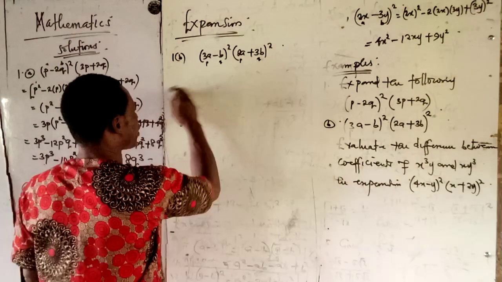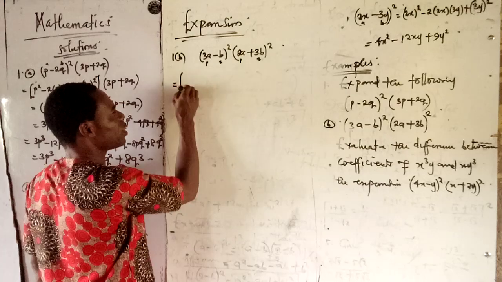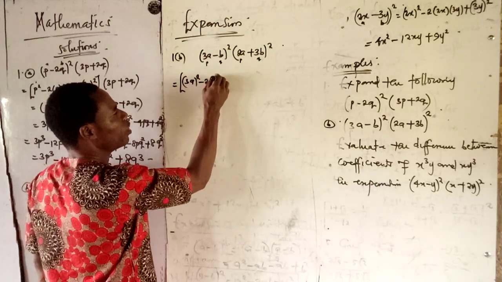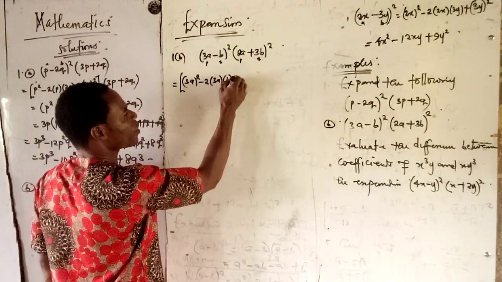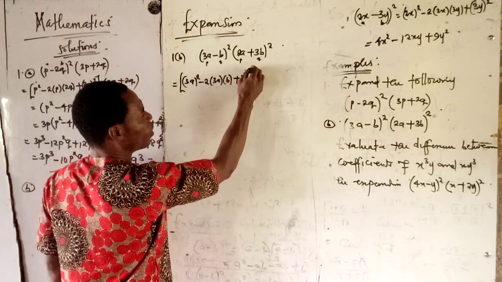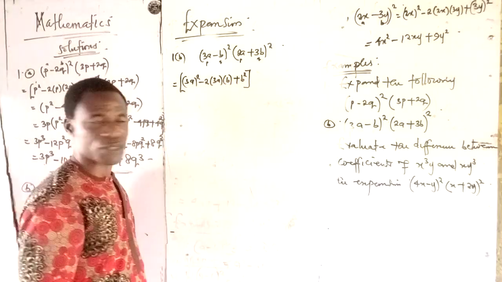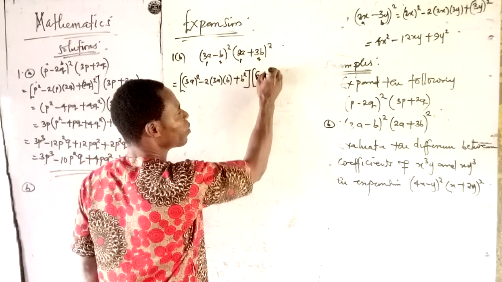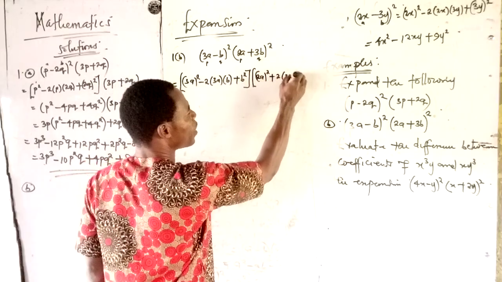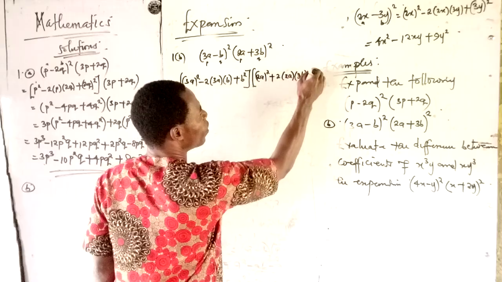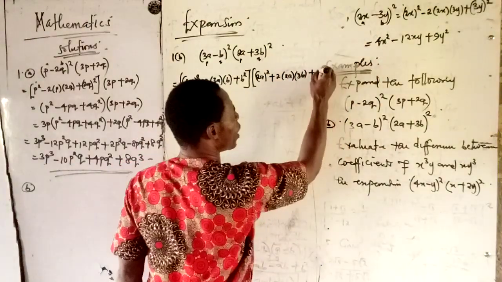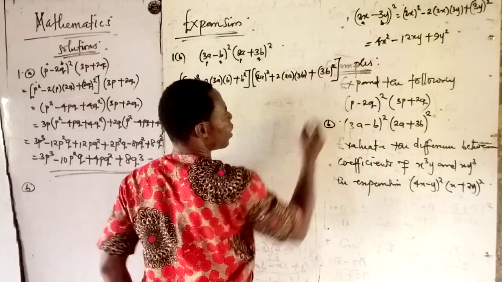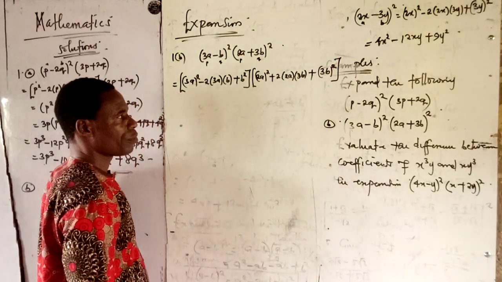So, looking at this now, this is this square minus 2 times this times that plus that squared. Close the bracket, then open another bracket. This squared plus 2 times this times that plus that square. And we close the brackets.